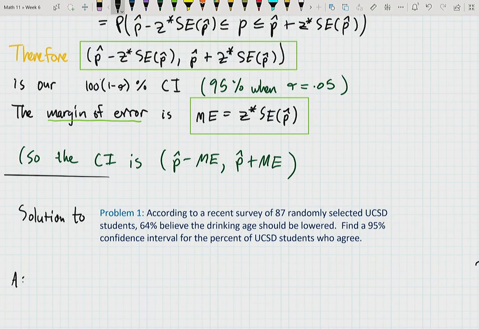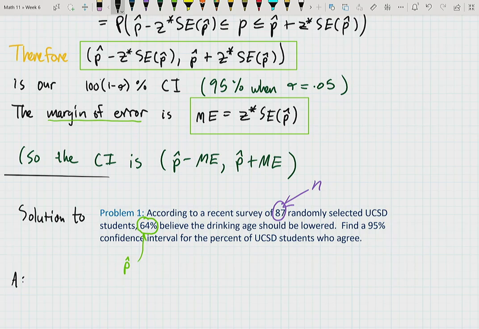In this case, we had 87 was the number of people in the sample, and 64 was the sample proportion, p hat. P hat is a random variable. We ran an experiment, and the result of the experiment was 64%. But if you ran the experiment again with a different sample, you would get a different p hat.